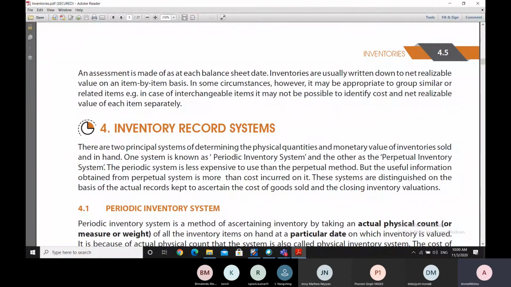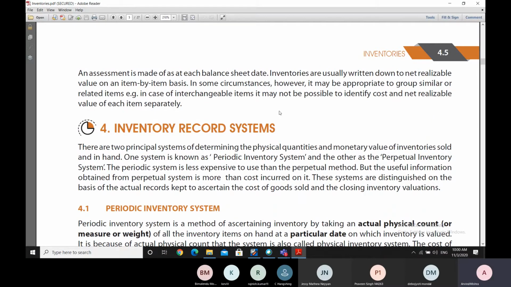They look like each other. They are uniform in nature. So in that case, we'll just group them together and take the value, because it is not possible to separately identify each item. We have no way to find out which item is which by looking at it.